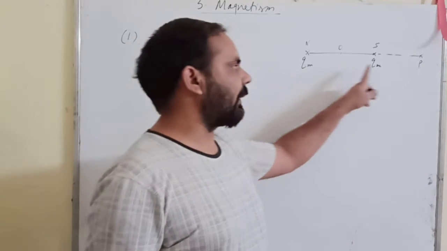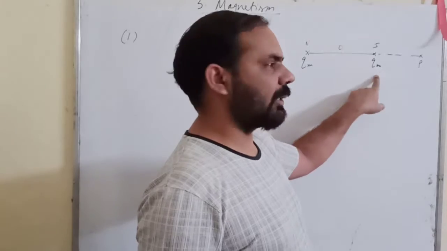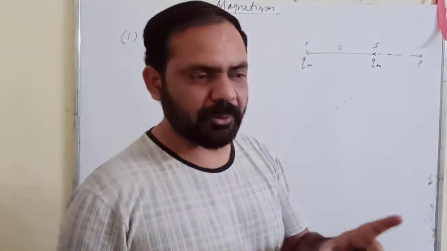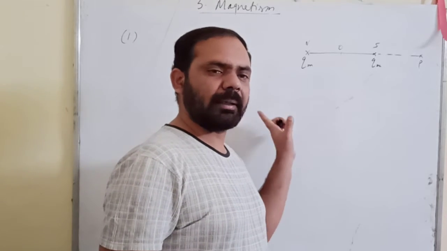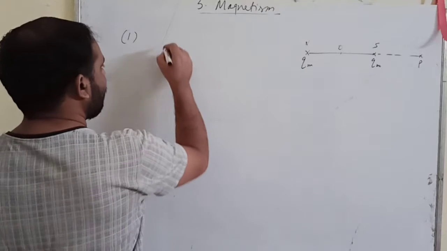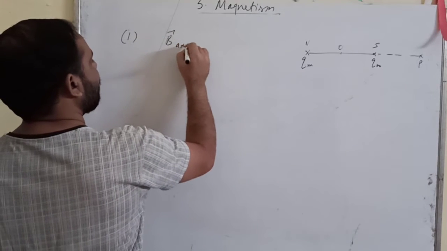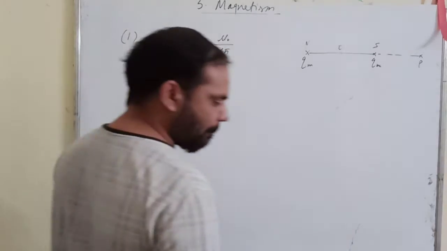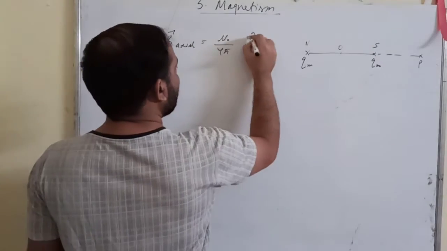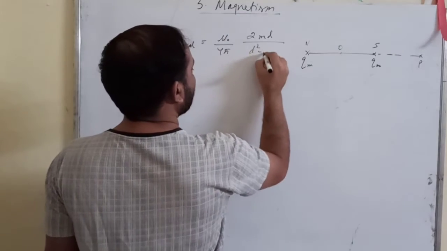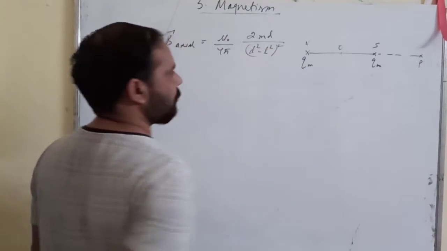You will find the magnetic field due to each charge and subtract them, following the same procedure as in the electric dipole. Then you will get the expression B axial is equal to mu naught upon 4 pi, 2md upon d square minus l square whole square.